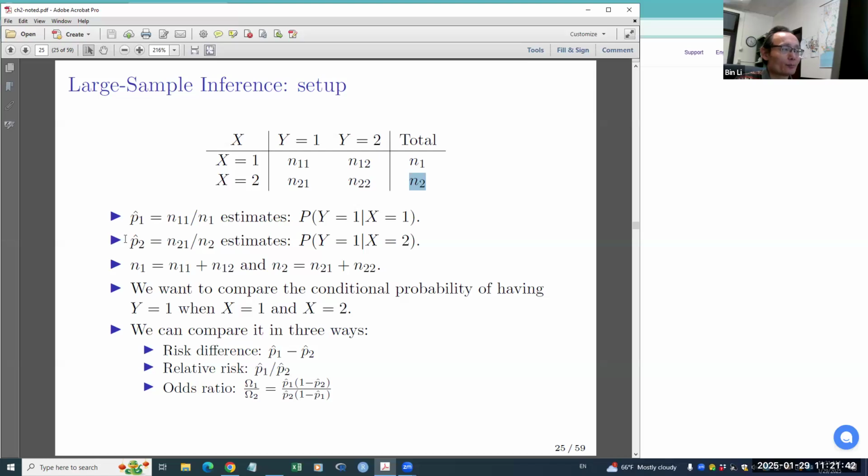So P hat 2 is the conditional probability for Y equals 1 given X equals 2. That's N21 over N2. Then we want to compare the conditional probabilities, P1 hat and P2 hat. We can use the risk difference, the relative risk, and the odds ratio. These three.